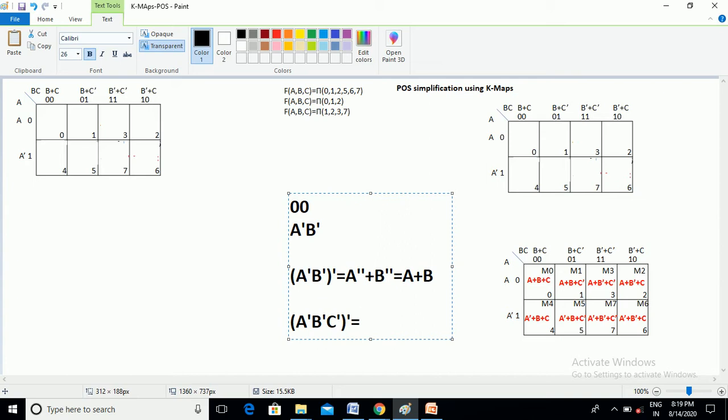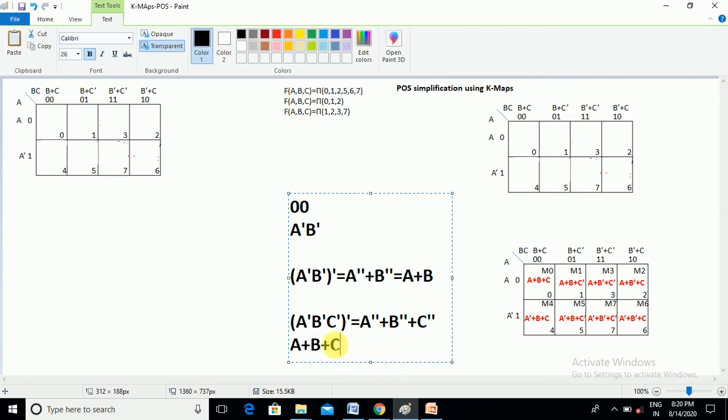Similarly, apply De Morgan's law. So then what could happen? A dash plus b dash plus c dash, and after you apply De Morgan's law, you will get two inversions, and they will get cancelled. The final result of this calculation will be a plus b plus c.